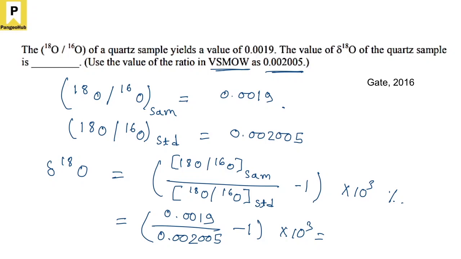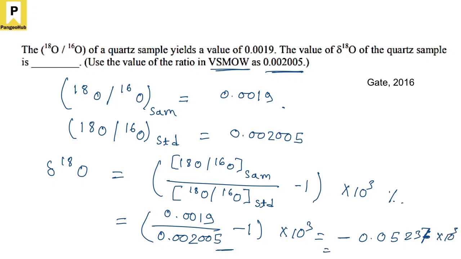So this value is around minus 0.05236 or 0.05237, you can say, into 10 to the power 3.